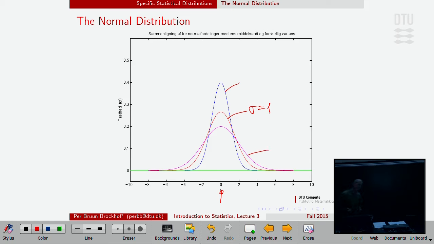Let me just, in danger of confusing you a little bit here, think about what happens if I make the sigma even smaller, right? What if I make it even smaller than the blue one? If I press it even more, what happens when I press the density function like that? I mean, it becomes taller and taller, right?